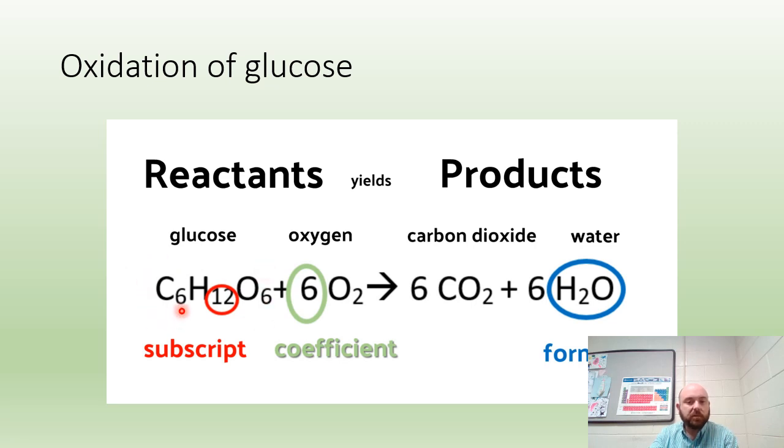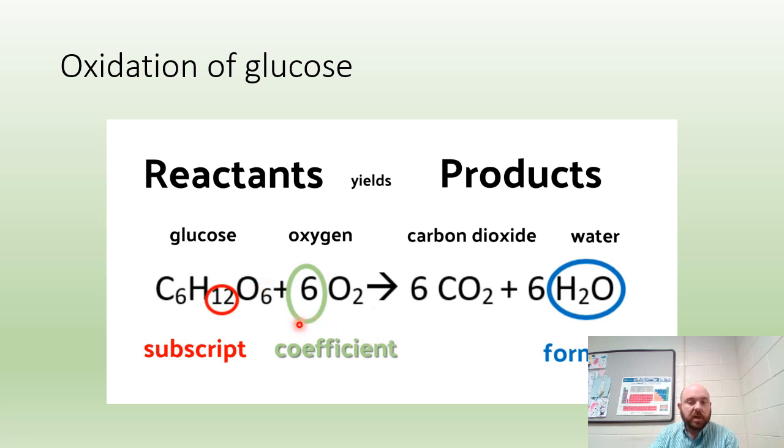You probably are pretty familiar with these little numbers here that we call subscripts. Those tell me how many atoms of each of that element are in one molecule of glucose. The subscript 6 tells me there are 6 carbon atoms. The subscript 12 tells me there are 12 hydrogen atoms. And the subscript 6 tells me there are 6 oxygen atoms, all in one molecule of glucose.